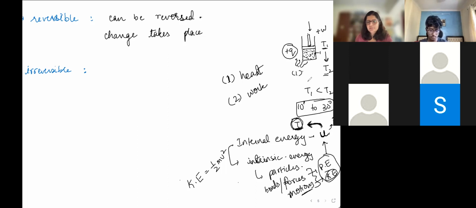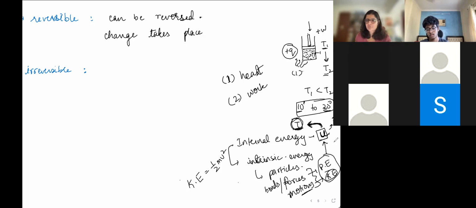Now let's say in this setup अंदर जो gas है, I want to increase its temperature from 10 degrees to 30 degrees. So temperature increase हो रहा है मतलब I am increasing its internal energy, right? तो कोई भी energy increase करना है. Now energy can't be created out of nowhere, right? I have to put it in from somewhere.